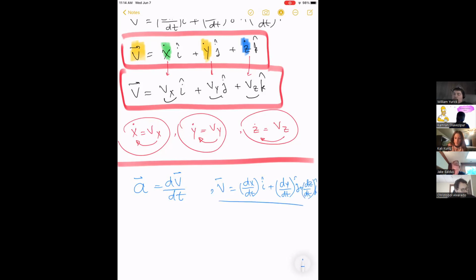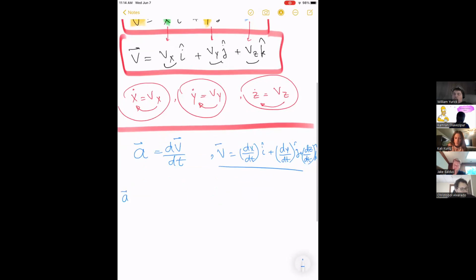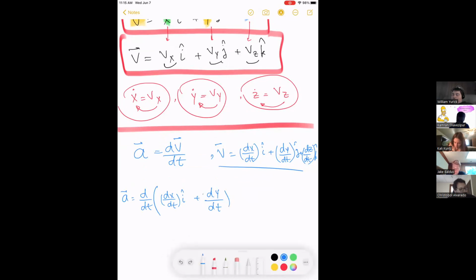If I take the derivative of this, your a is going to be, so that's how you get it.